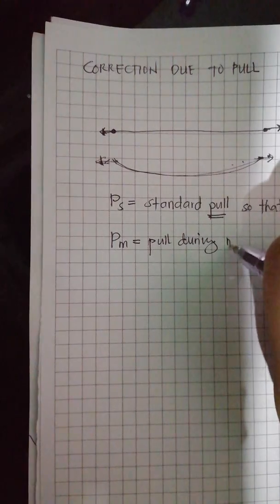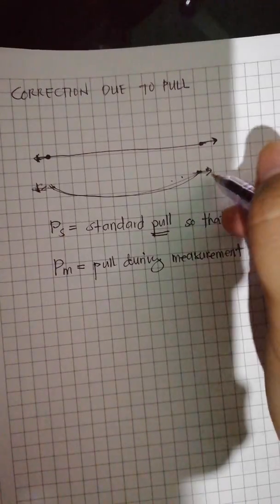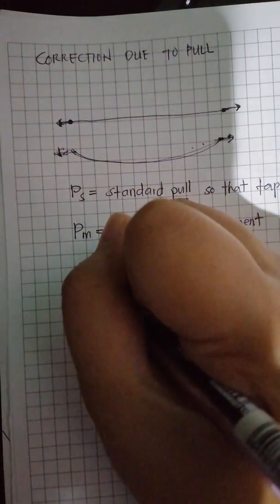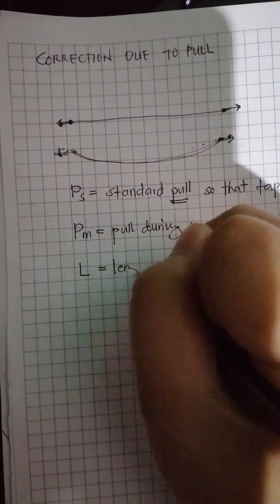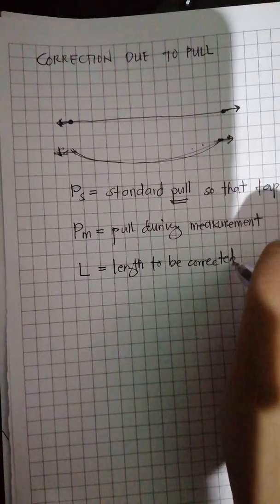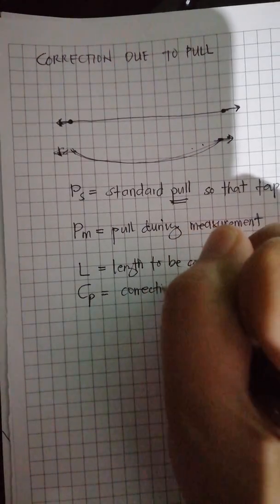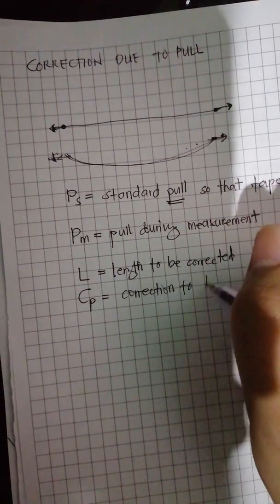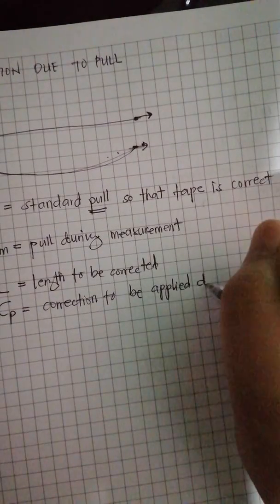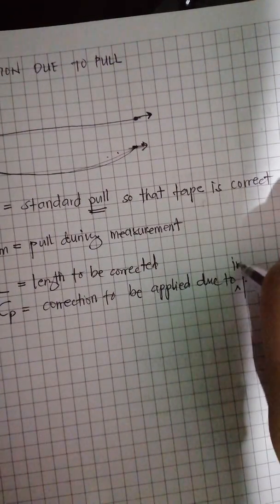When you use that certain tape during measurement, what is the magnitude of the pull that you applied on the ends of the tape? Okay, and then you have L is the length to be corrected, and then CP is the correction to be applied due to pull. Okay, due to incorrect pull.